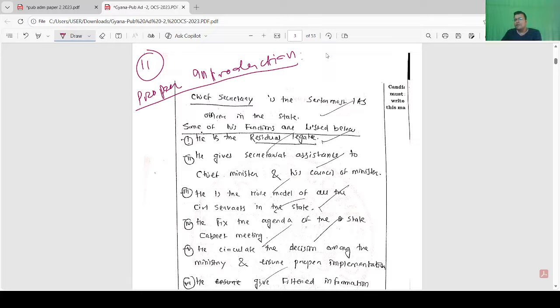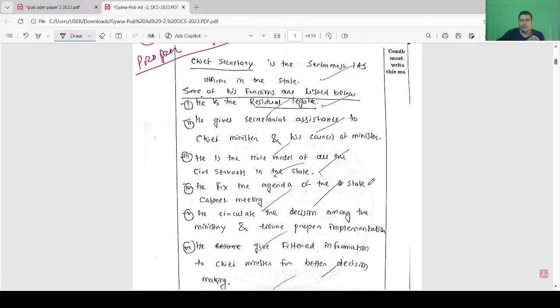And the chief secretary is the head of the state secretariat, the senior most IAS officer of the state. After that he writes that he is the residual legatee, gives secretariat assistance to the chief minister and council of ministers, exactly not council of ministers but the cabinet.